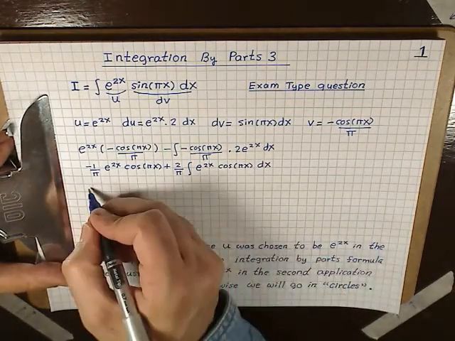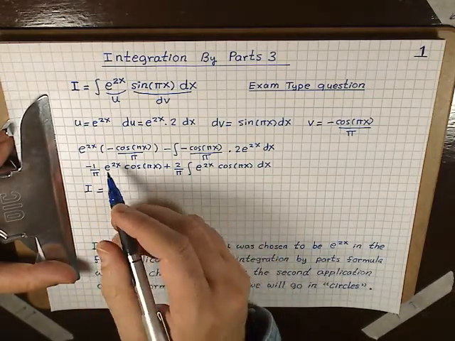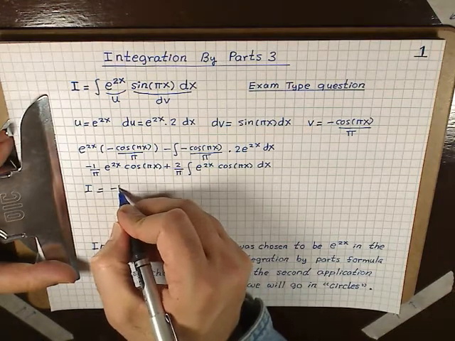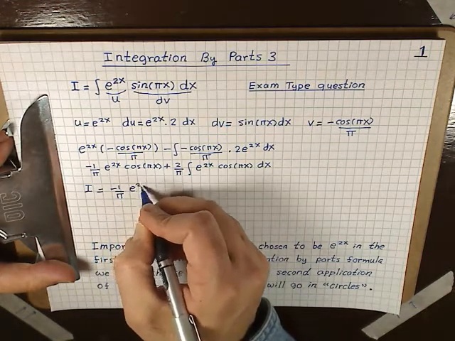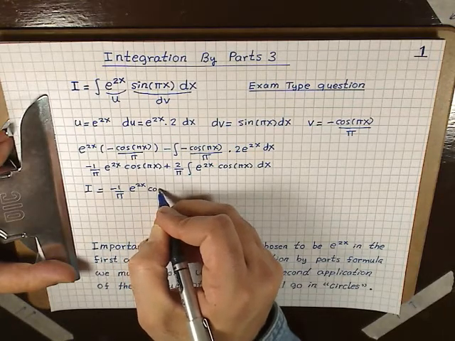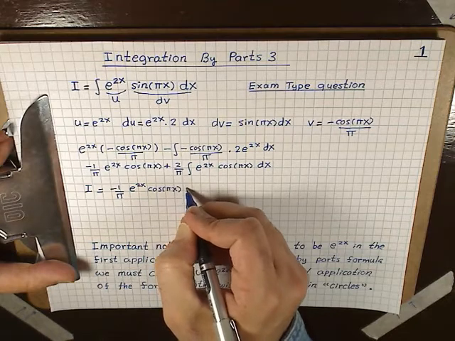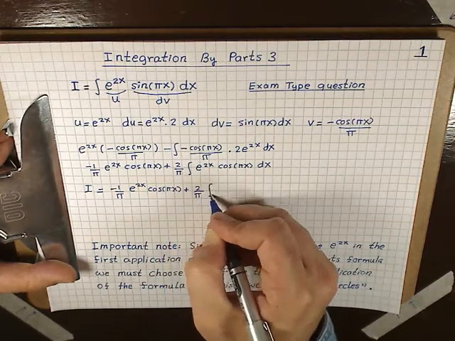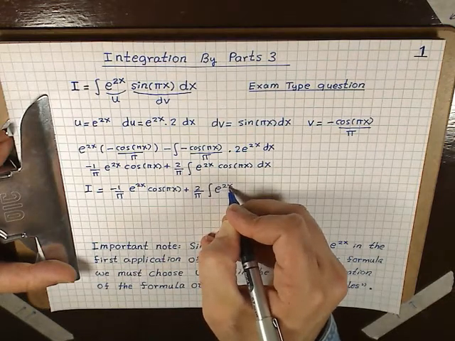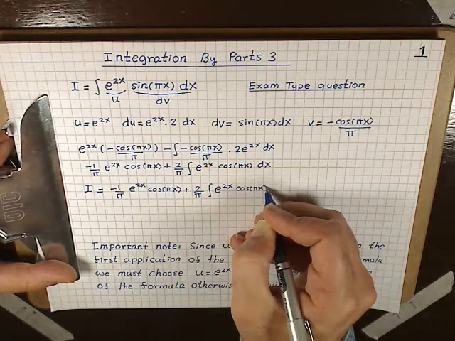Okay, let's see what we have here. We have I is equal to minus 1 over pi e to the 2x cosine of pi x plus 2 over pi times the integral of e to the 2x cos pi x dx.